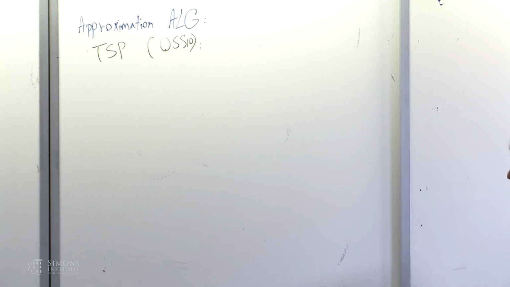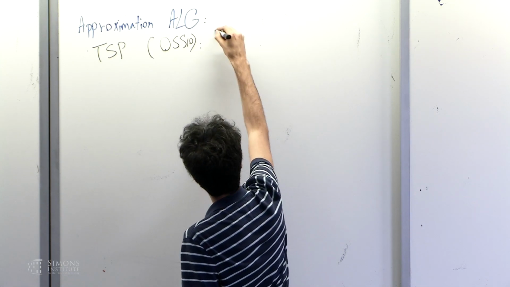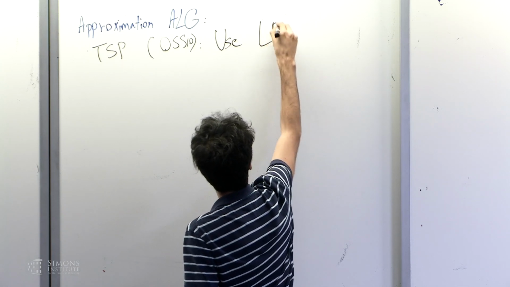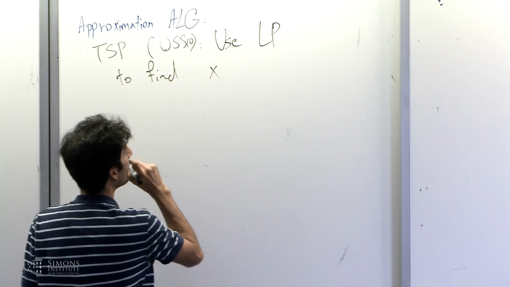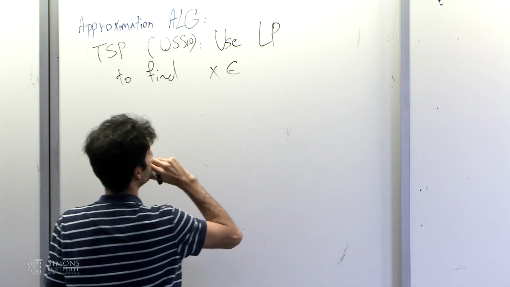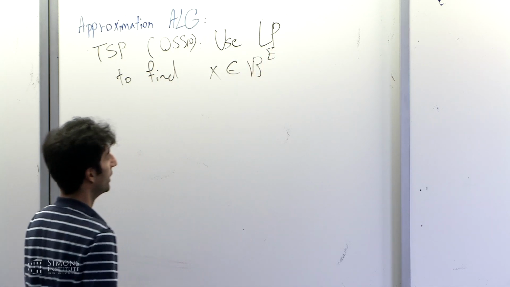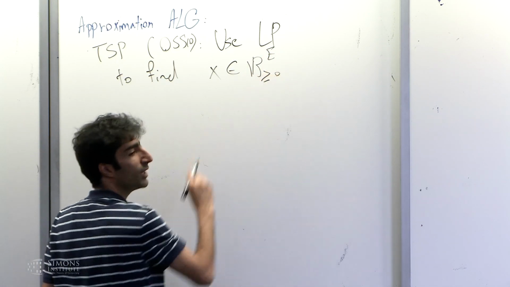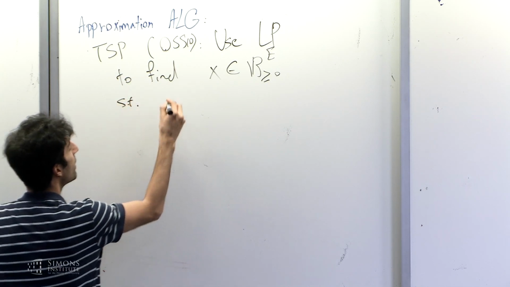where here is what we do. We use linear programming to find a vector x that assigns a non-negative number to every edge of the graph, such that it has two properties.